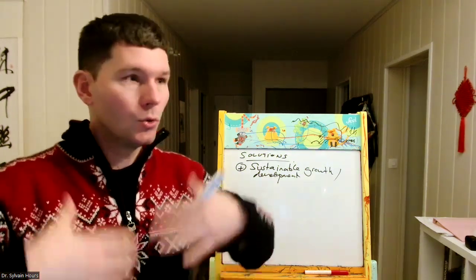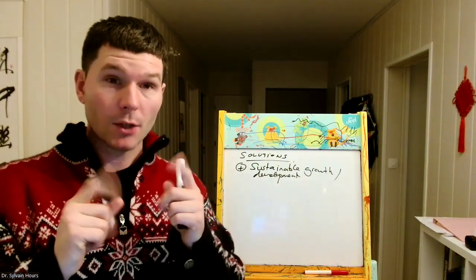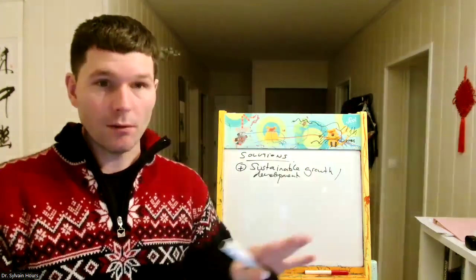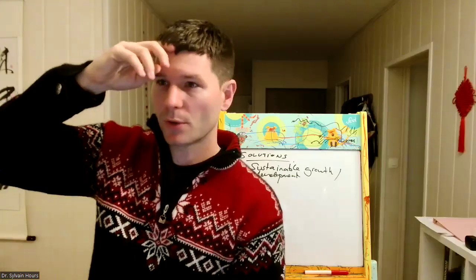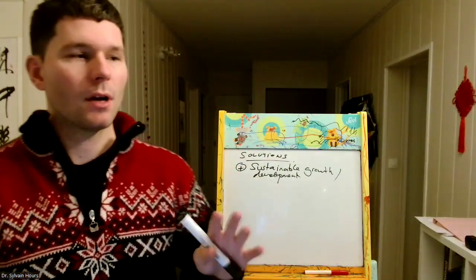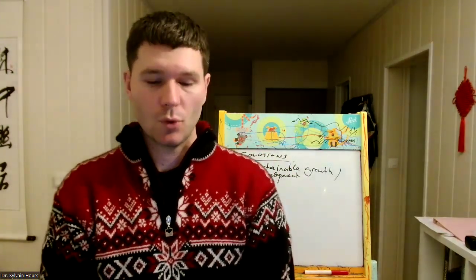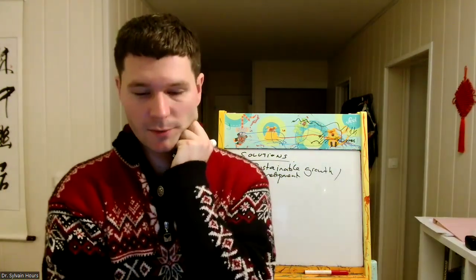So we use natural resources so we can satisfy our needs, but we have to be mindful. We have to make sure that we protect these natural resources so our children, our grandchildren, and all future generations will still be able to use them to satisfy their own needs and have an acceptable quality of life.